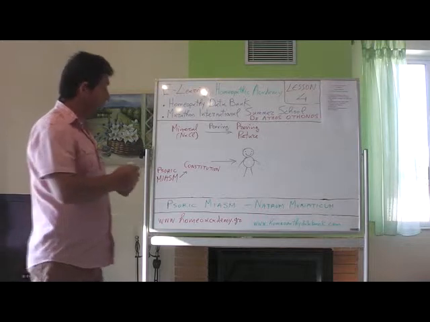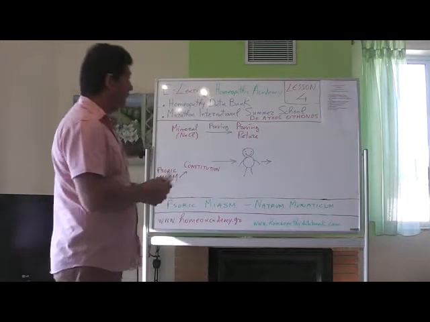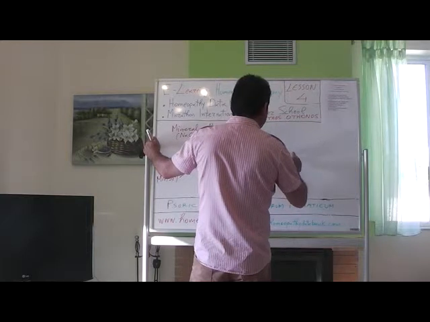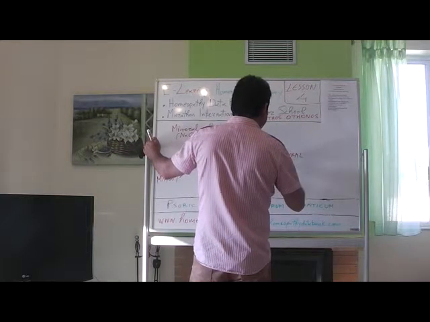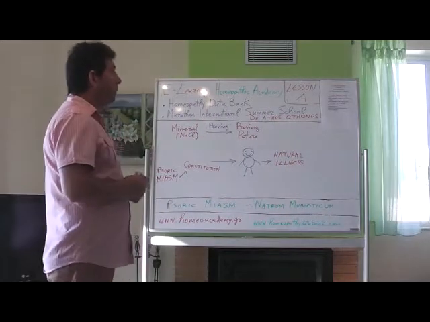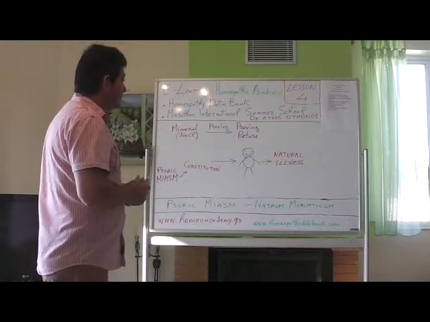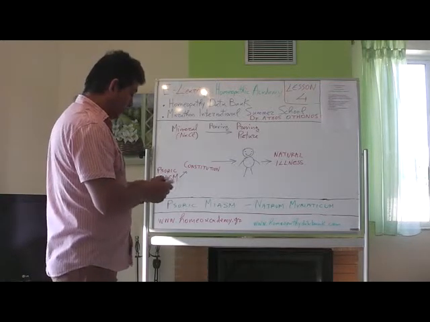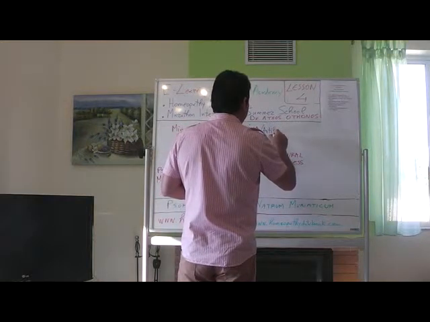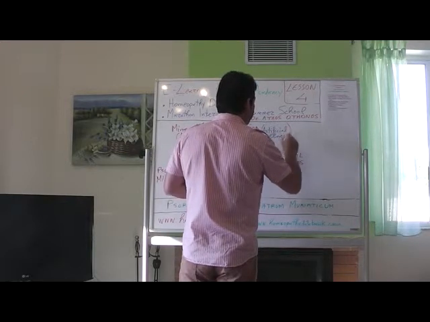And then we have the natural illness, Natrum Muriaticum. This is an artificial illness produced in the laboratory in experimental conditions.